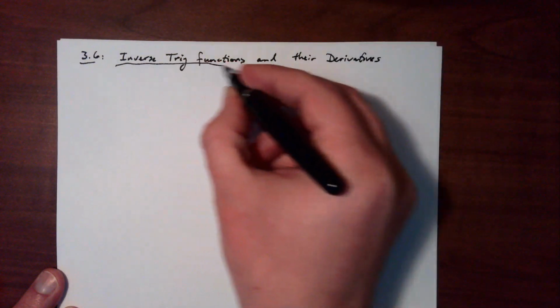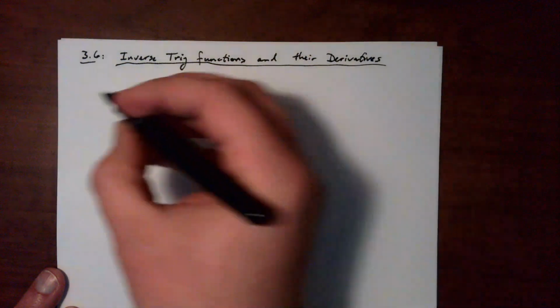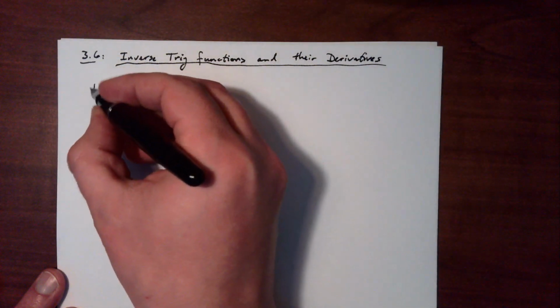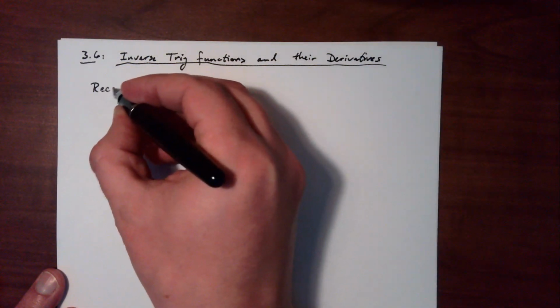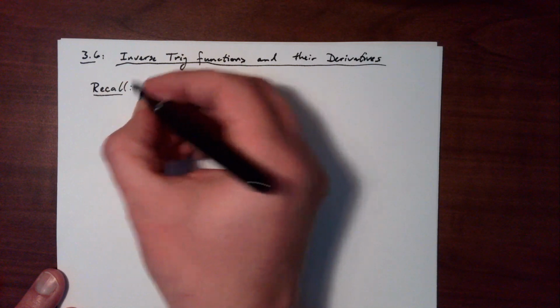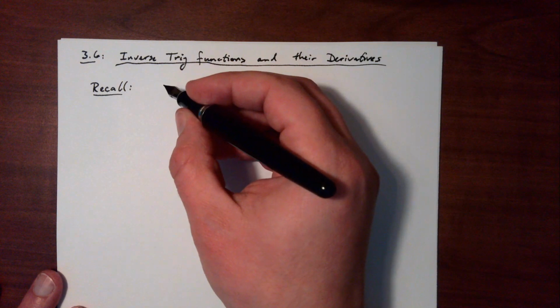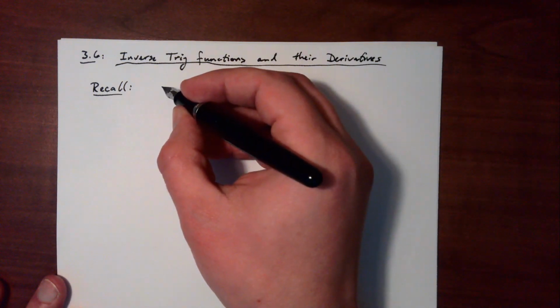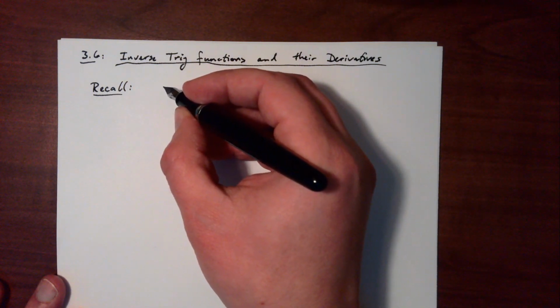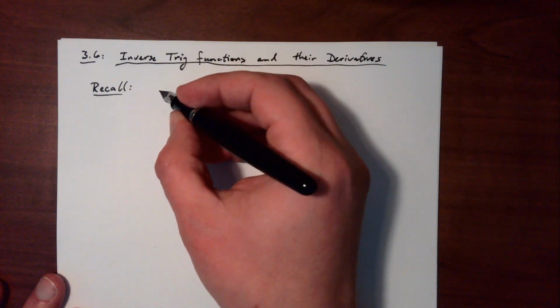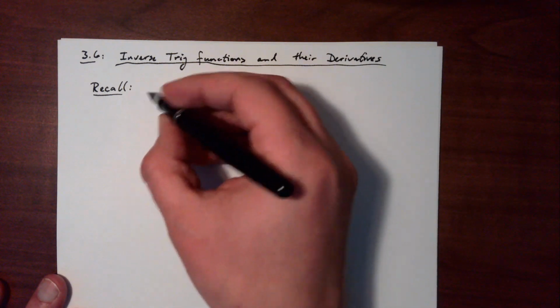Okay, so first off, let's remind ourselves what the deal is with inverse functions. So one way of looking at inverse functions is a function and its inverse have the same values for their input and output, but just swapped. So the input of the one is the output of the other, and vice versa.